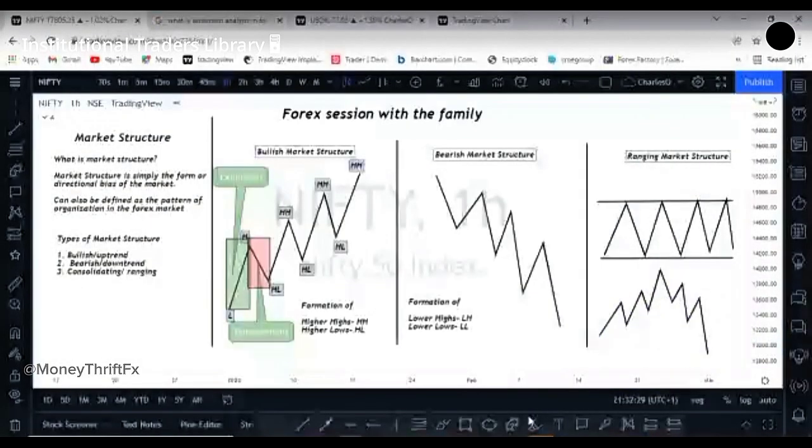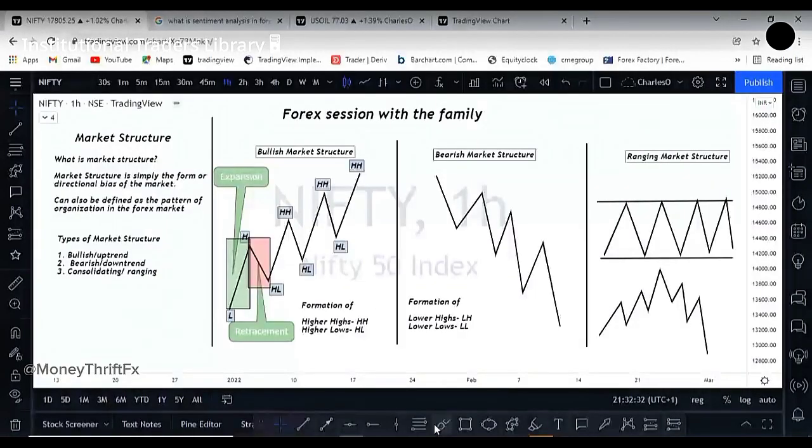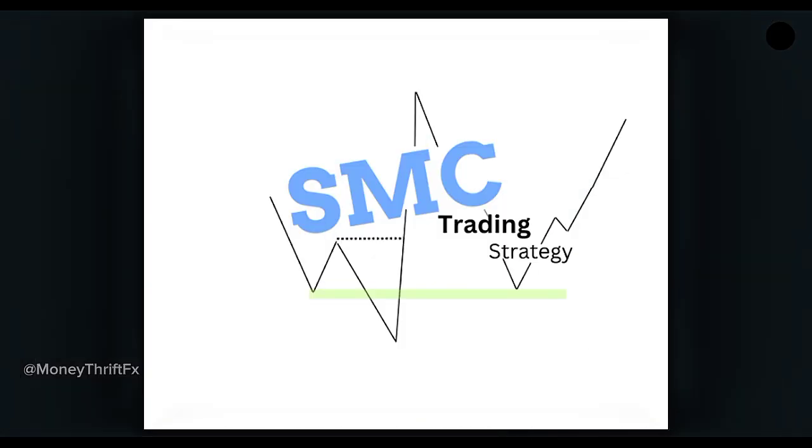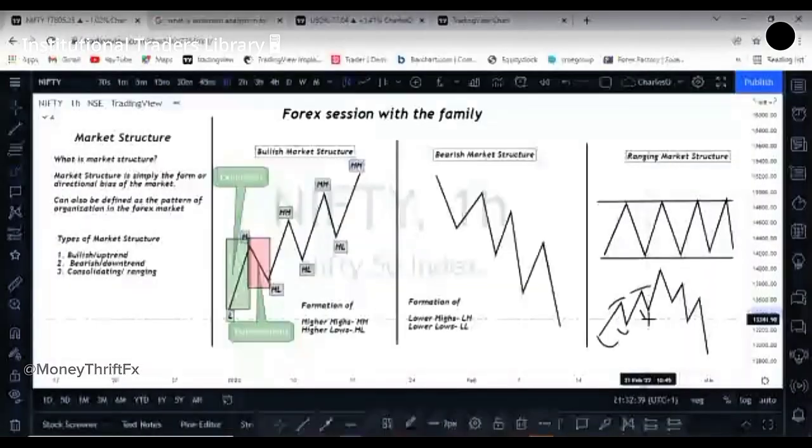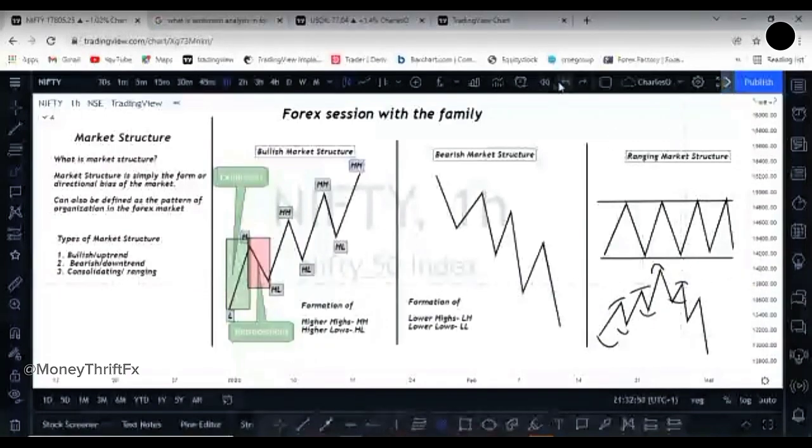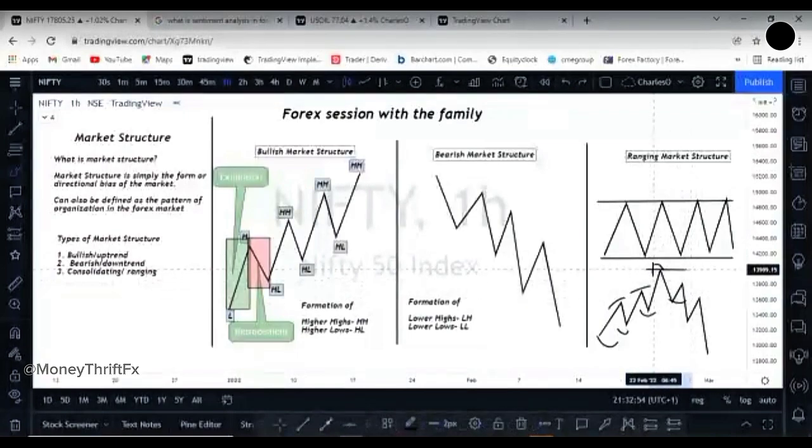Some persons will see this and say, from structure, this is a low, this is a high, higher low, higher high, higher low, higher high. They will say this is a higher low and this is a higher high. But why will you call this a high? It's not a high because it did not close above the previous high. So as long as this did not close above the previous high, we cannot call this a higher high.